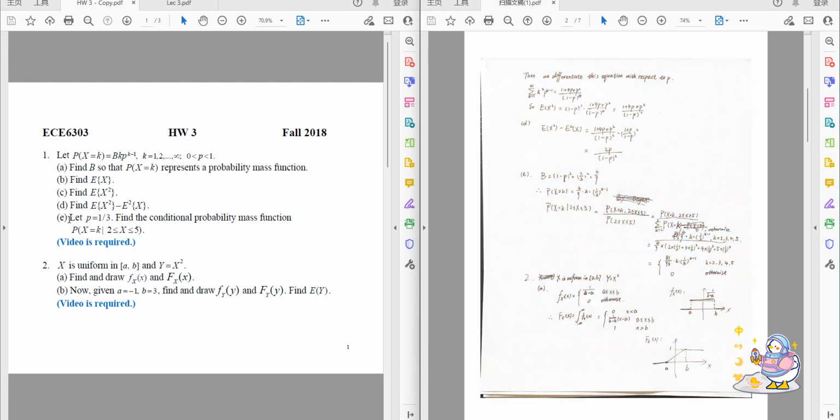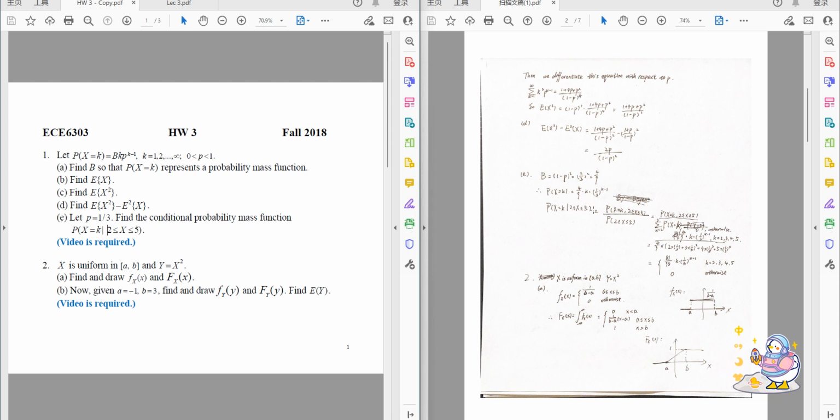And the last problem is, when p equals 1/3, we need to find the conditional probability mass function, that is, the probability of x equal to k given x greater than or equal to 2 and less than or equal to 5. We can just use the definition of conditional probability.